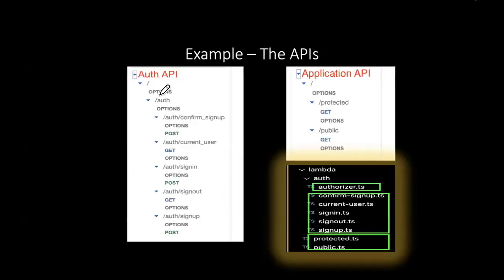So this is a visual representation of our two web APIs on the left. We conventionally refer to the top one as the auth API and the bottom one as the app or application API. So my auth API, I've just decided, these are the endpoints that are available on it.